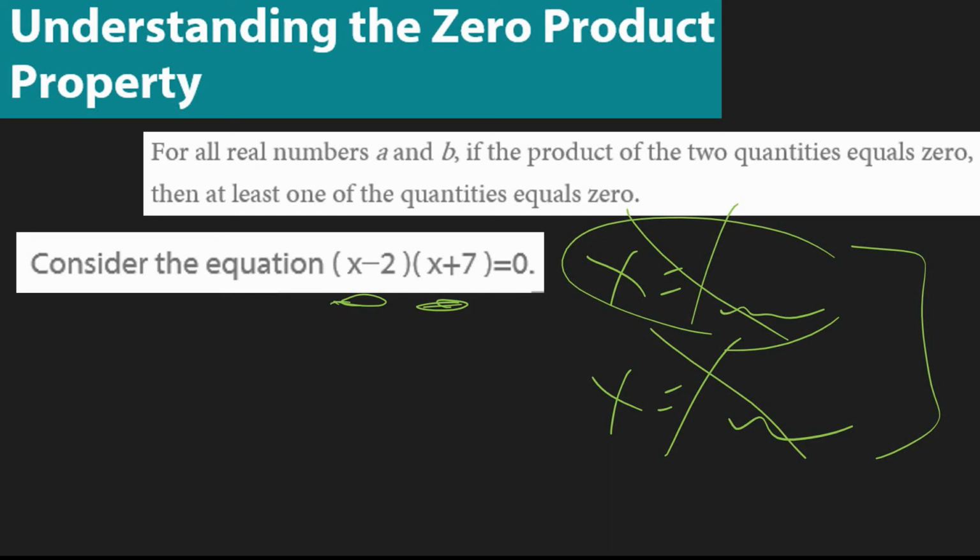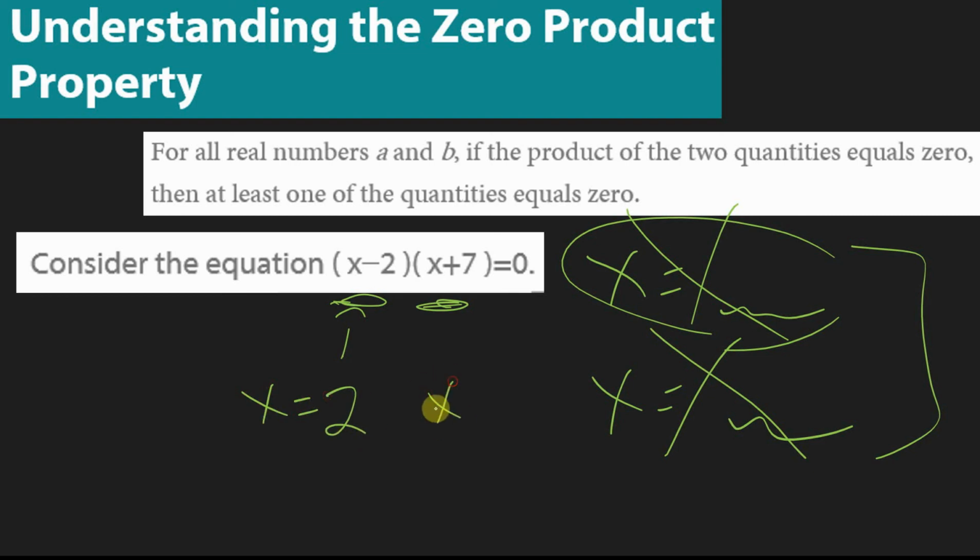But if it's like that, just take each of the factors, set them equal to 0. With simple problems like the one here, you're going to realize that it's very, very basic. You can do it in your head in about 3/4 of a second. It's literally just the opposite sign, right? So if you take x minus 2 and set it equal to 0, how do you get the x by itself? Well, you do the opposite, the inverse, right? So you're going to add 2 to both sides, and you're going to get x equals positive 2.